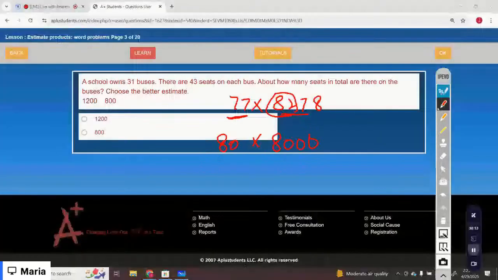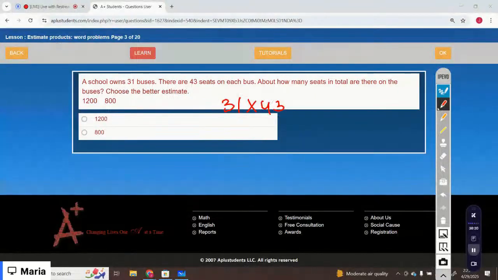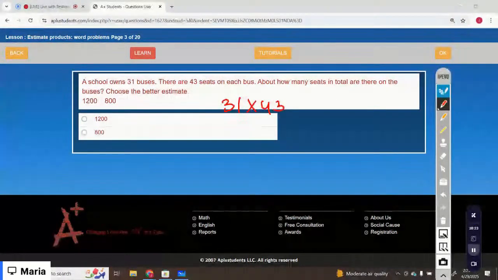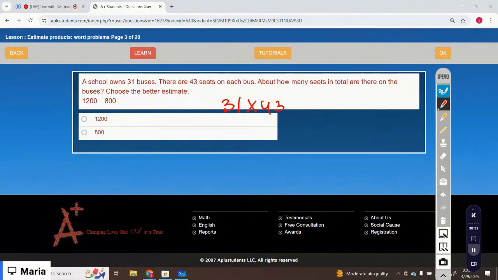Choose the better estimate. 31 buses and 43 seats, so which is the correct option? 31 is rounded to 30 and 43 is rounded to 40.